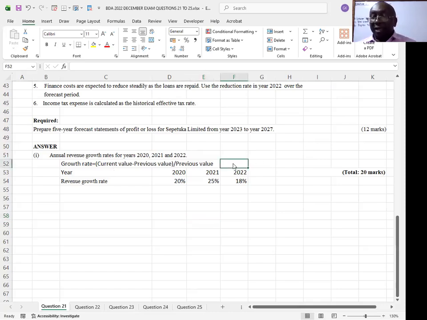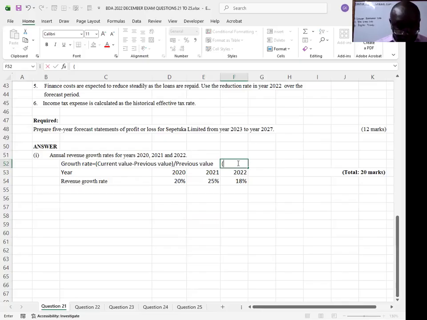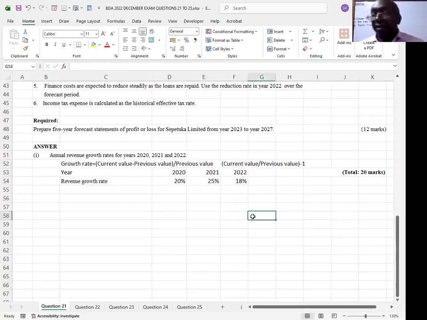Actually, I had said there is also another formula that you can use of saying the current value divided by the previous value, you open brackets, you minus 1. It would also give you the same answer.